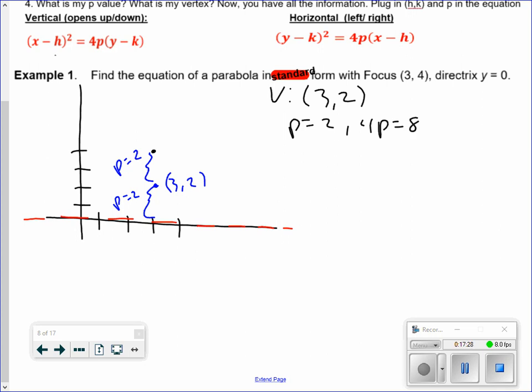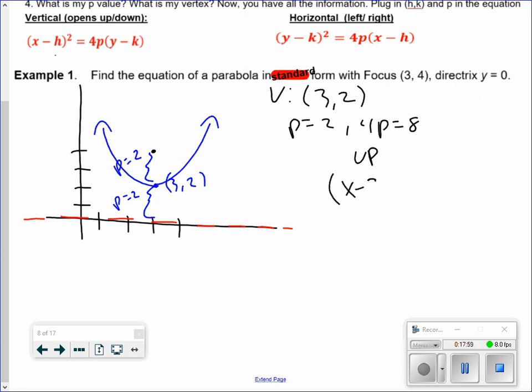Now I need to figure out which equation I'm going to use, the vertical one or the horizontal. Remember, the parabola will always open up into the focus. So if my focus is above, I know I'm going to open up towards the focus. So I know my 4p is going to be positive because I'm opening upwards into the focus, and I'm opening vertically. So a positive p-value with the vertical standard form.